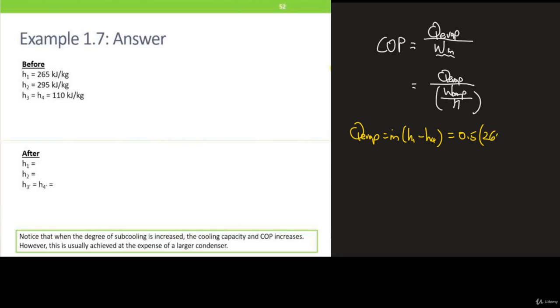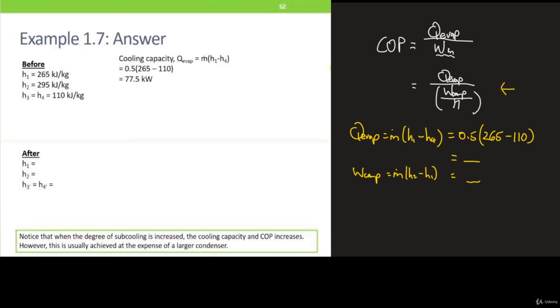H4 is 110. So just sub in all these values, 265 minus 110, and calculate. Then similarly, do the same for work done by compressor, where you will take H2 minus H1. You will get another answer. With this answer, sub into this COP formula, you will get the initial COP.